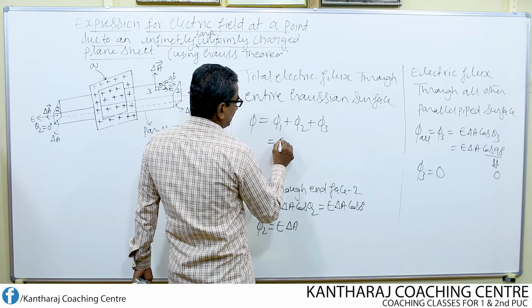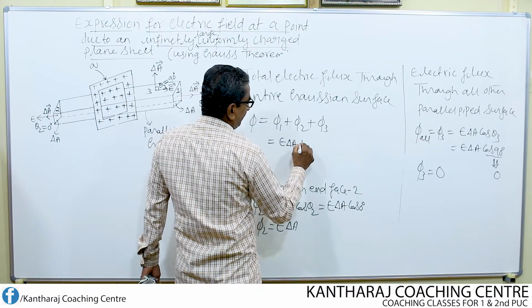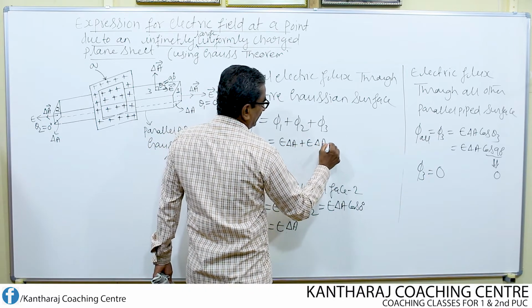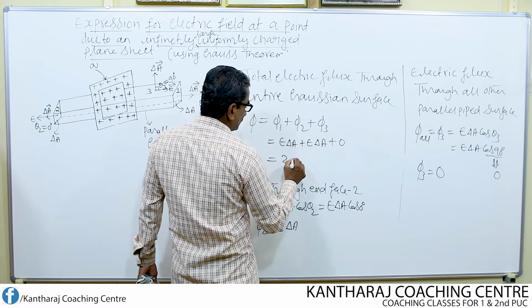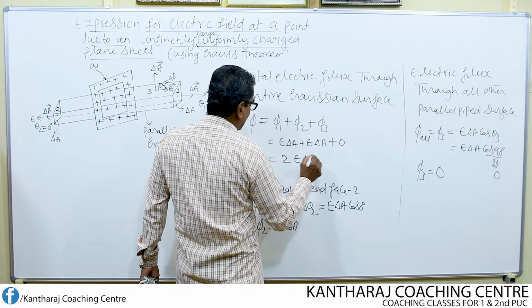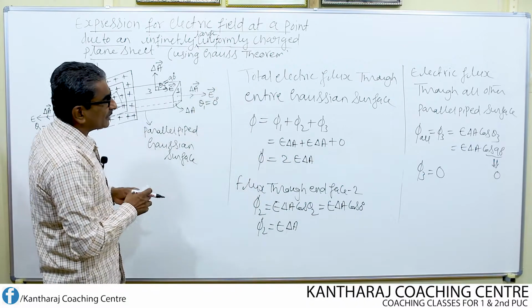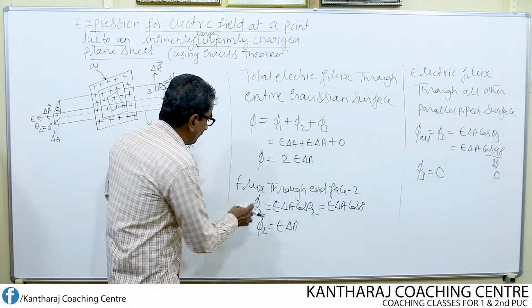So this is E into delta A plus E into delta A plus 0, which is equal to 2 E into delta A. This is the total flux.